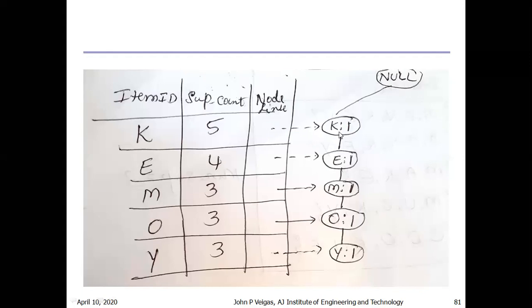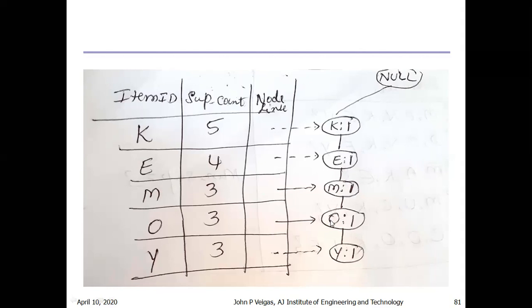So K is occurring once. After K, E is present in the ordered item set. So E's frequency is once. Next, M is present in the ordered item set. That's why create a node for M and create a link, and its frequency is 1.